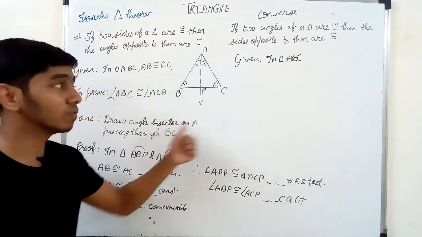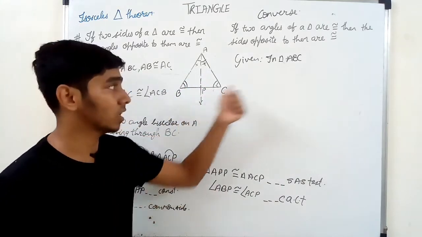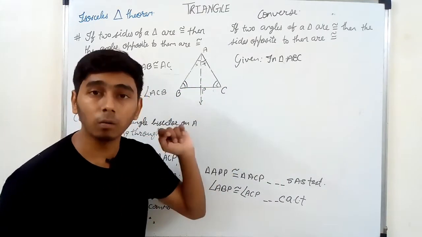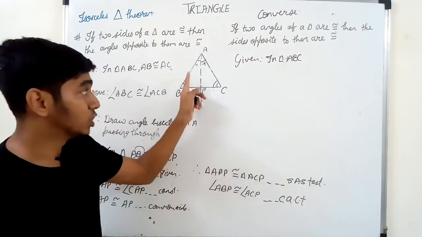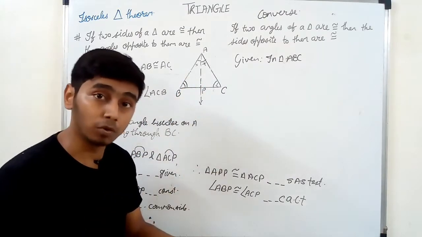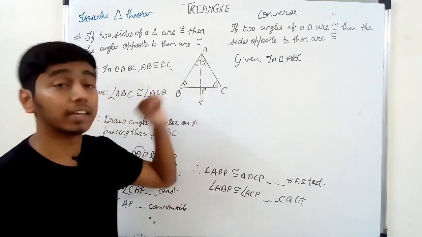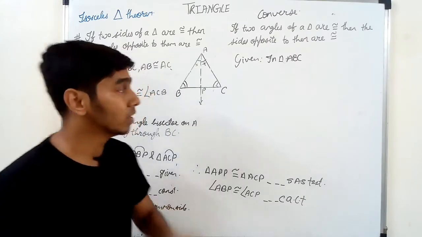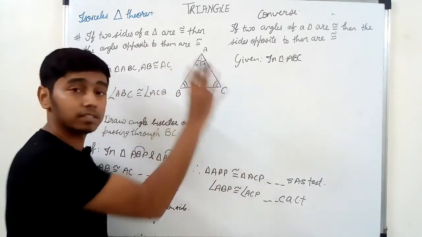These proofs are pretty easy. Just prove that the two triangles are congruent in this as well as in this. If these two triangles are congruent, then by CACT or CSCT, we can prove that the sides are also congruent. Yes or no? Same way we'll be doing for this also. Let's keep the figure itself.